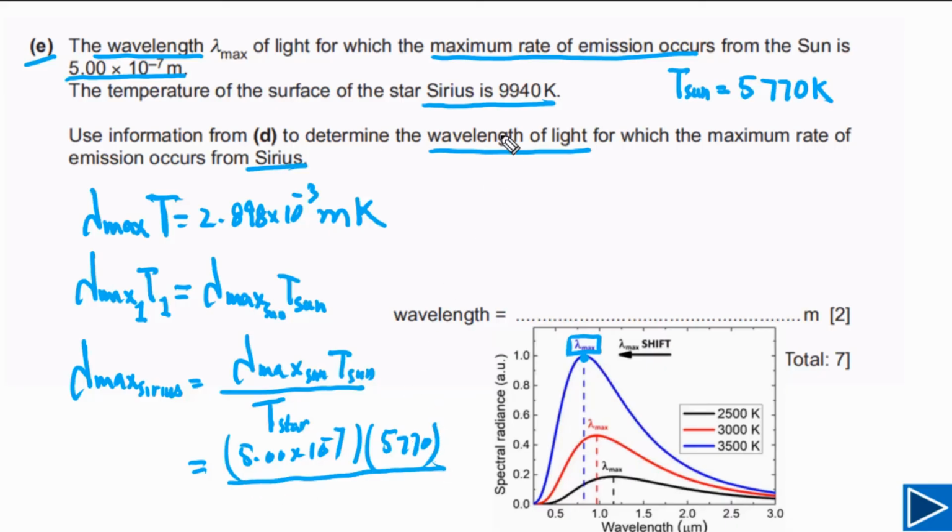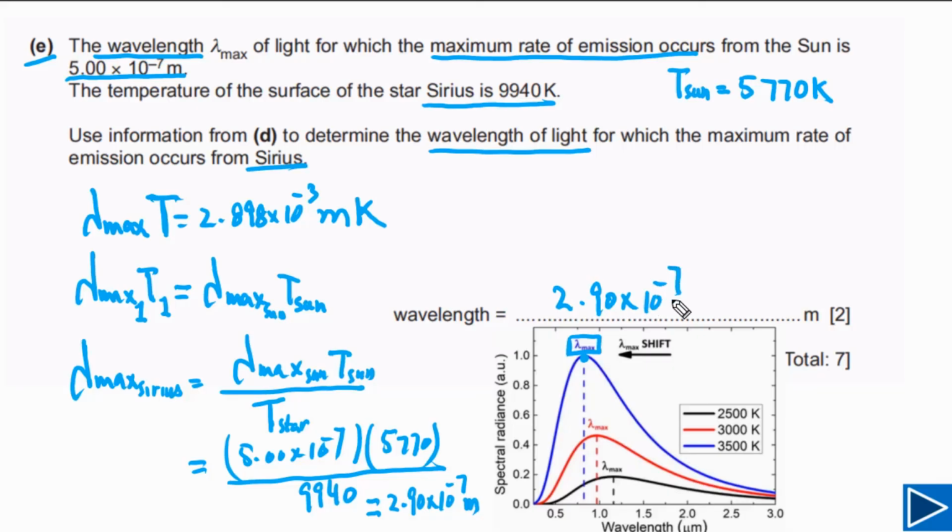We divide by the surface temperature of the star, 9940, and find our final answer. Our final answer is 2.90 times 10 to the negative 7 meter, to 3 SF.